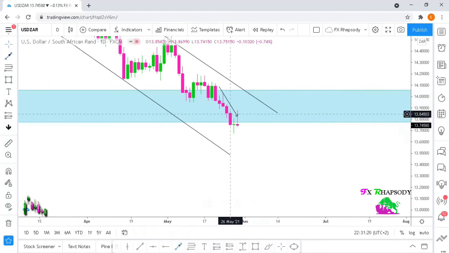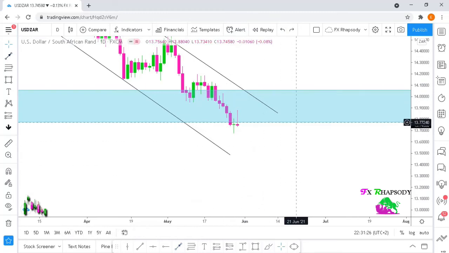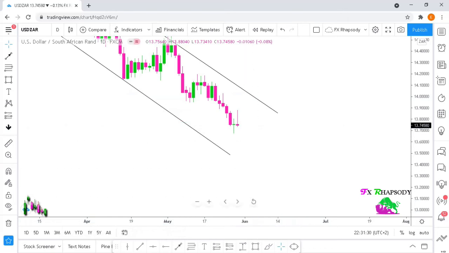We can see this little bullish candle that formed in between the bears. Price pushed up on Friday and came back all the way, respecting this area over there.